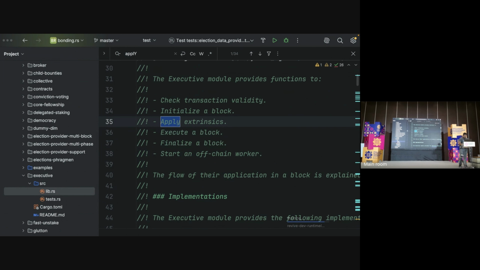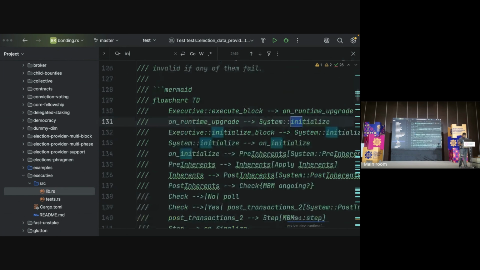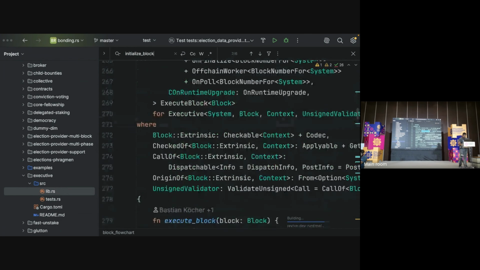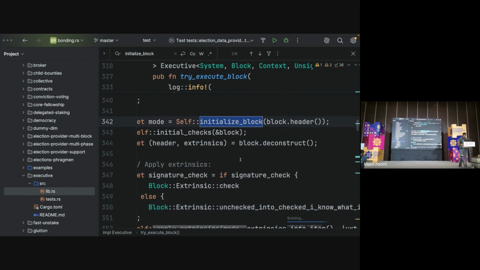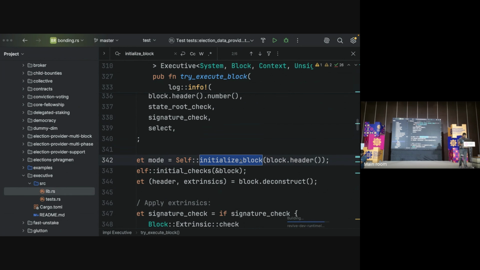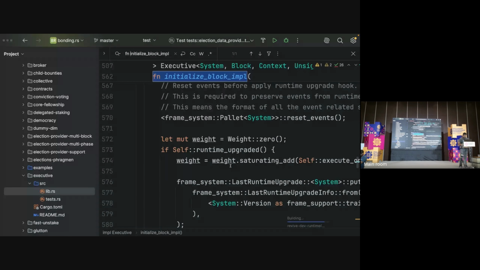So let's see, let's go with initialize block. Okay, it has some initialize block info.